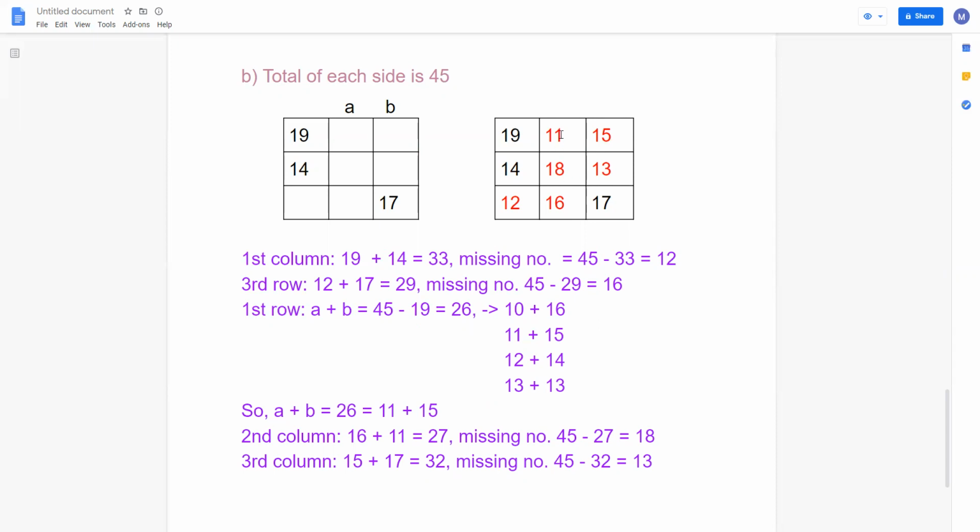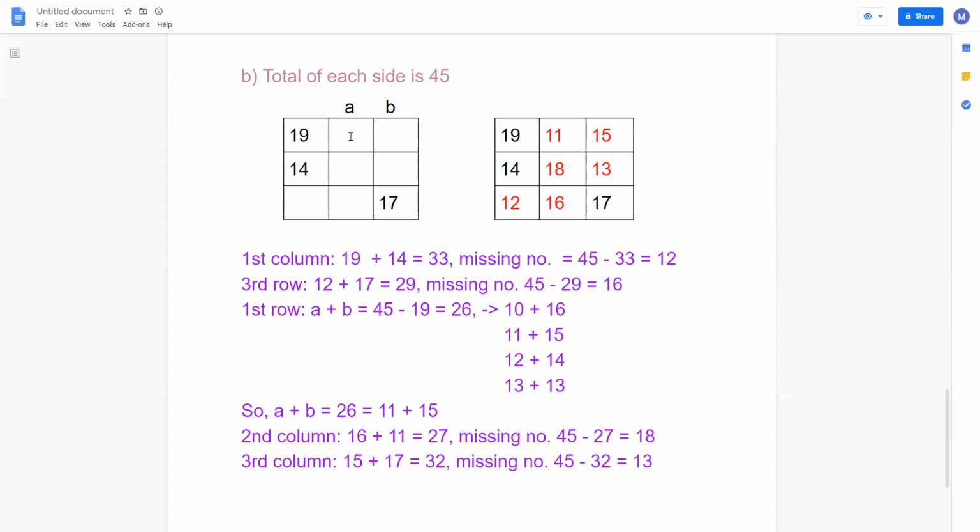Now you see here, in the first row only one number is known, in the second row also one number is known. If you take column-wise also, only one number is known. So what we will do, for that I have taken the first row's two missing columns, first column A and second column B. One number is given, 19.